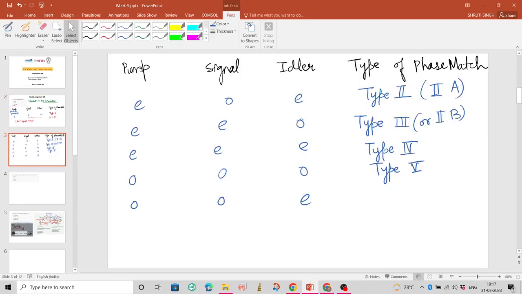This EOO type of phase matching is considered type 6, or 2B, it is the same. See, it is OEE, it is EOO. Depending upon the crystal, whether it is positive or negative, these two can get exchanged. Or 3A.